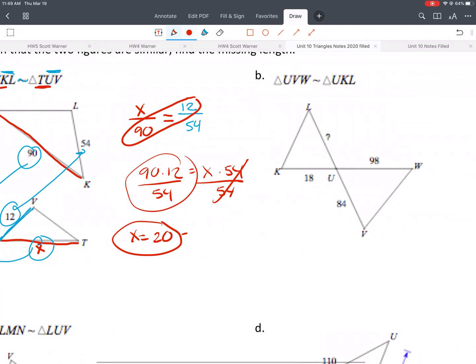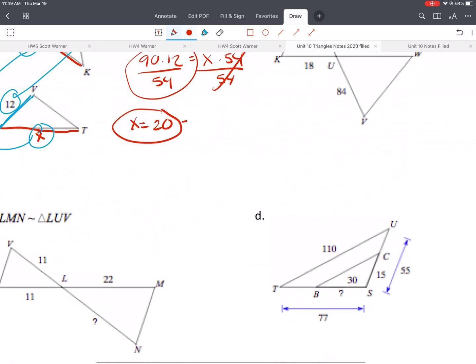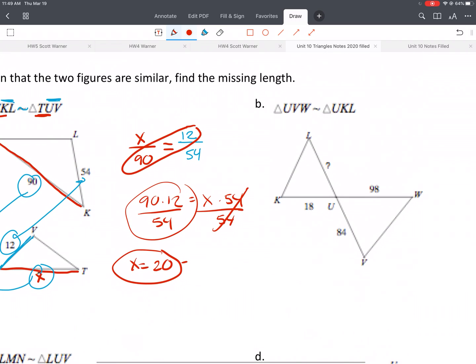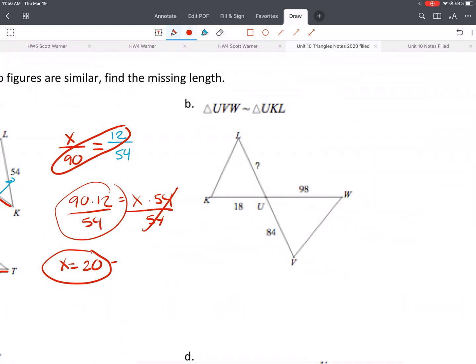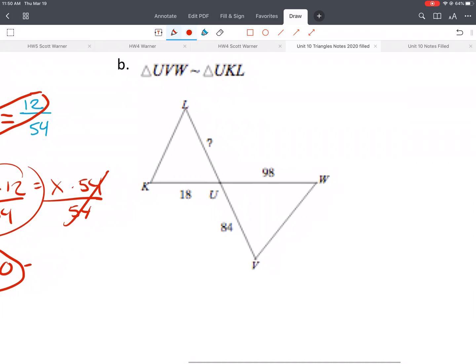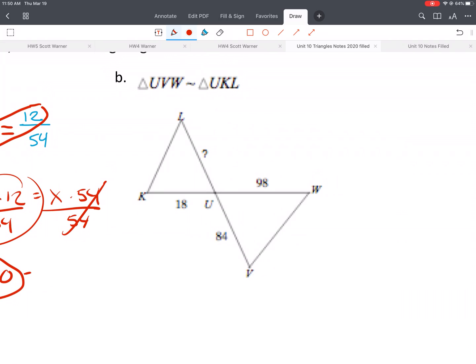All right, so let's give another try, or maybe pause and see if you can do this one by yourself. Okay, make sure you use the similarity statement. All right, so they're trying to find LU, which is this. So LU is x, and its corresponding side would be UW.